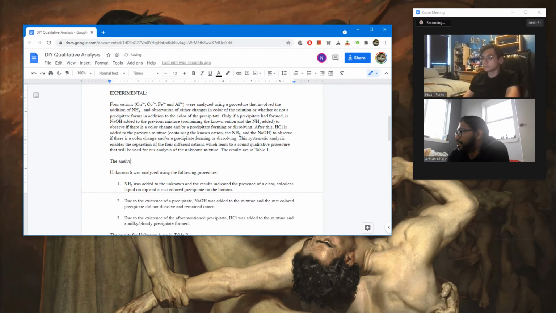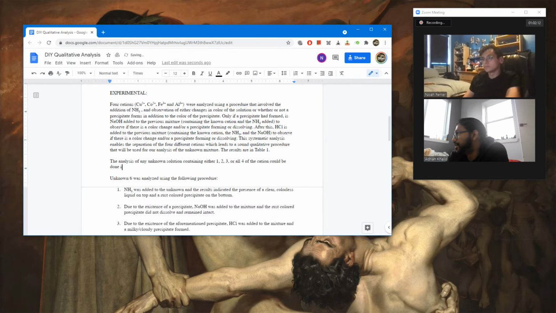The analysis of any unknown solution containing either 1, 2, 3, or all 4 of the cations could be done in the following systematic manner.